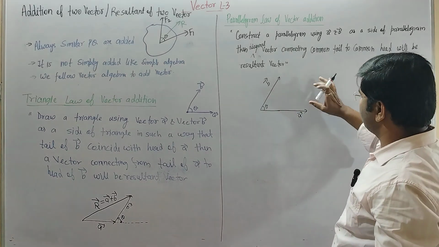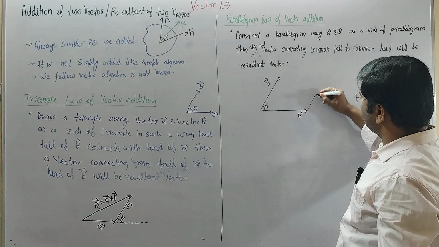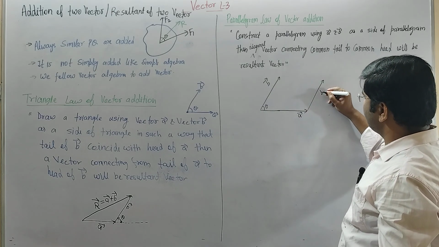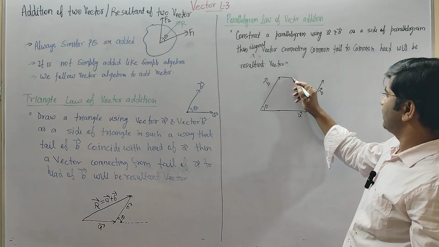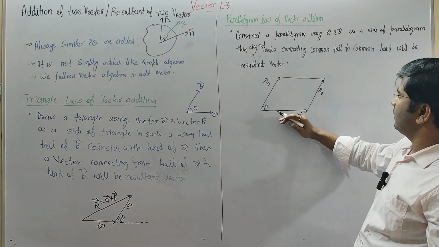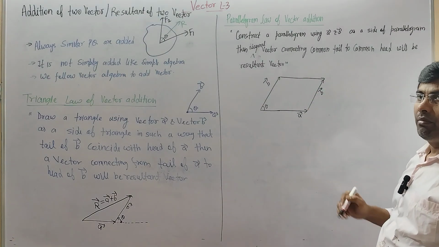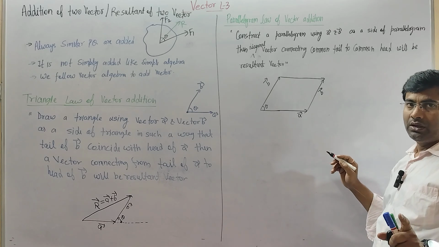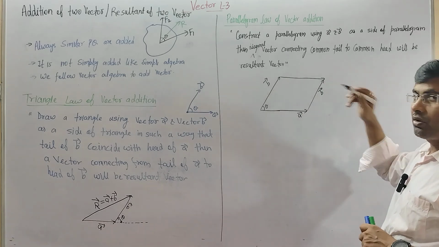So this will be shifted here. Parallel shifting, the vector will not change. So we can shift vector B here, this is also vector B. This vector A we can shift here. If a vector is parallel shifted, magnitude of the vector is not changing, and direction also is not changing. So the vector is not changing.